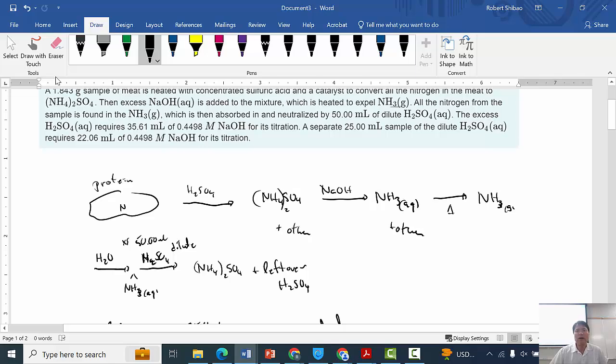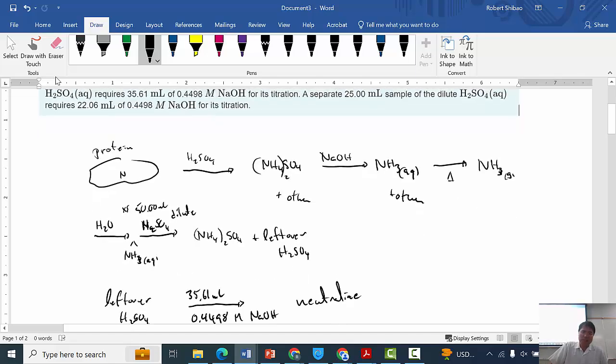A separate 25.00 milliliter sample of the dilute H2SO4 requires 22.06 milliliters of 0.4498 molar sodium hydroxide for its titration.